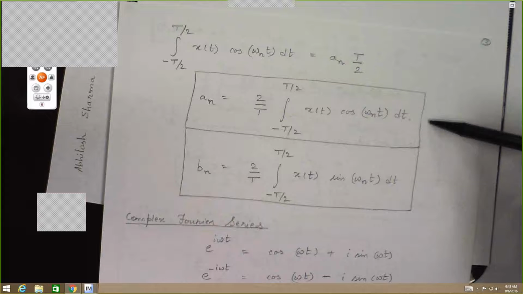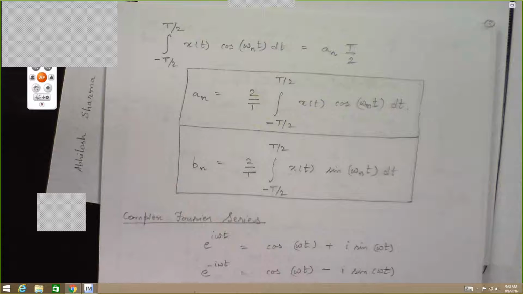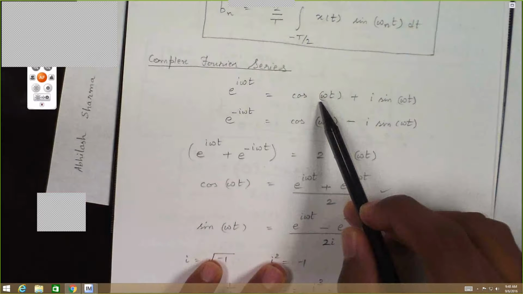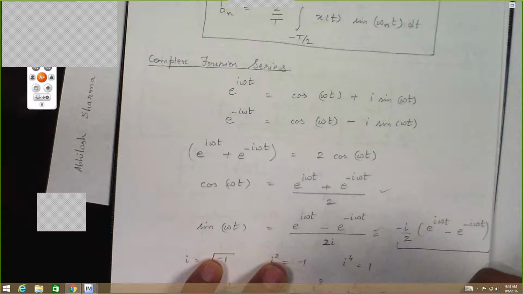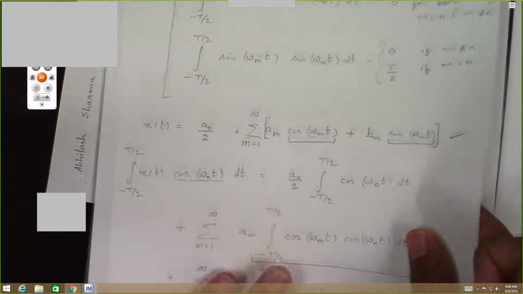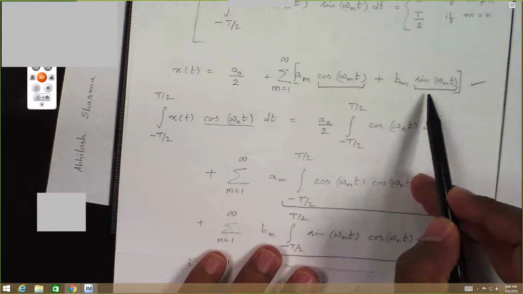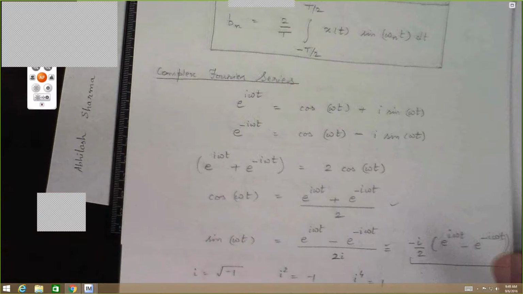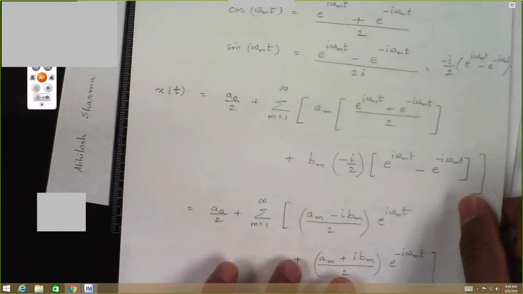These were the real Fourier series coefficients. Then we talked about how we can convert, using our Euler's formula, cosine of omega t and sine of omega t into exponential form, and putting that into our Fourier series expression, so substituting for cosine of omega mt and sine of omega mt using the Euler's expansions, we were able to get an expression for the complex Fourier series.